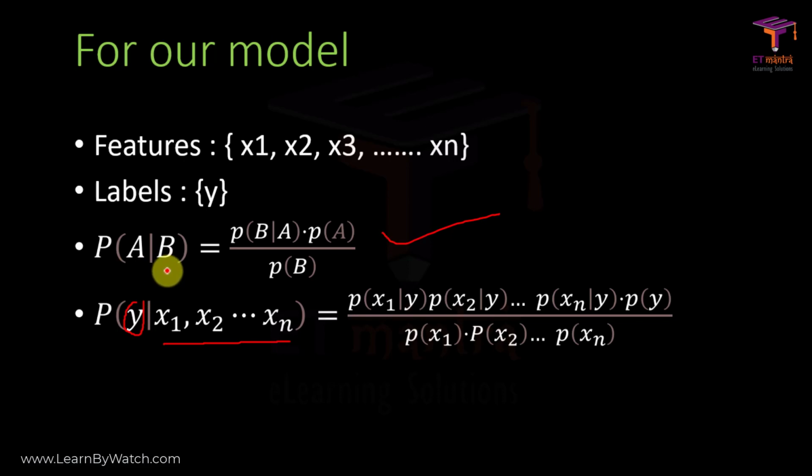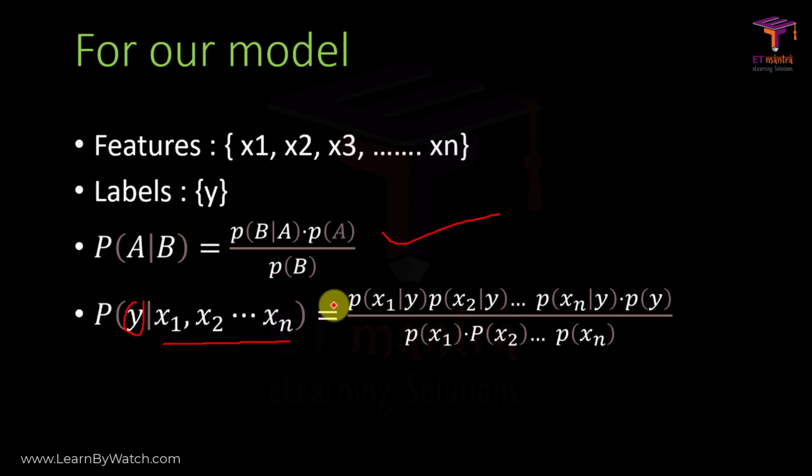We were told that event B had already occurred and we were asked what is the probability of A occurring. So in a similar manner, we are given some features, suppose the number of legs, whether it has whiskers or not, and the number of eyes, and we are to predict what is the probability that it is a cat.